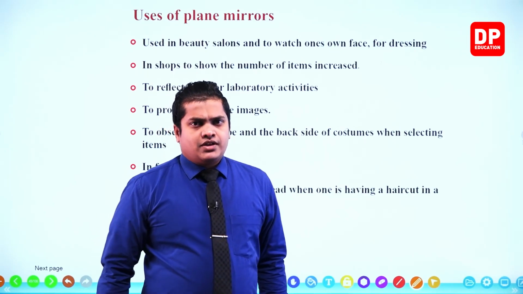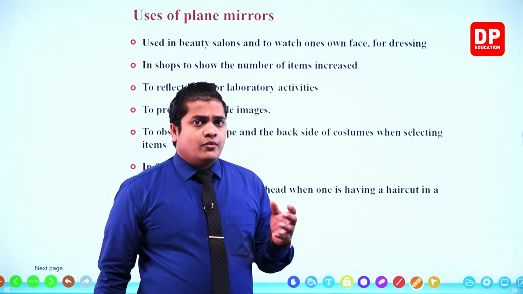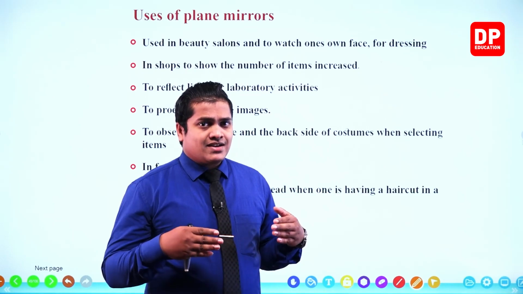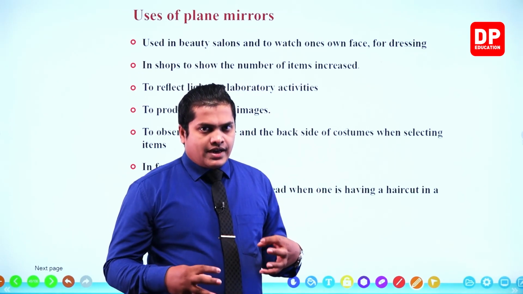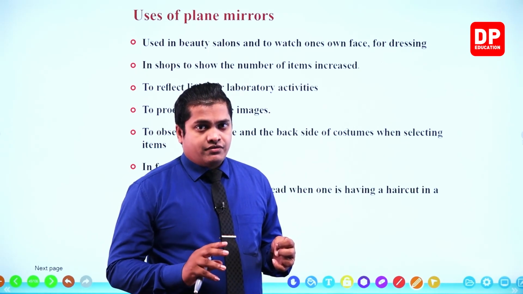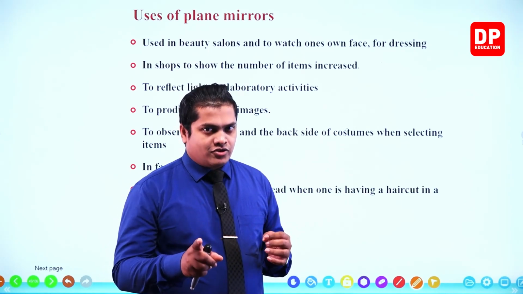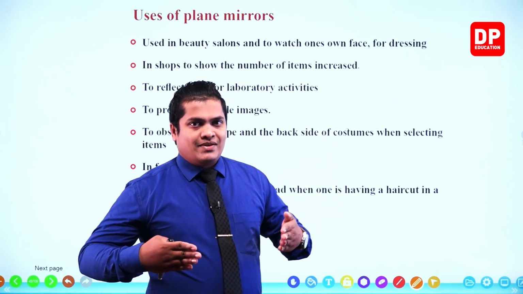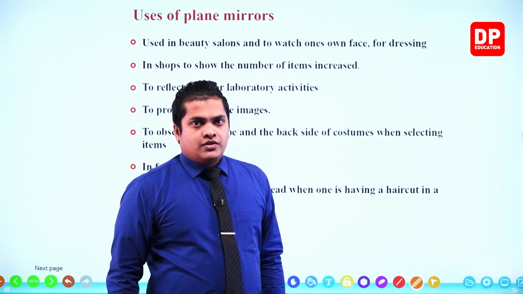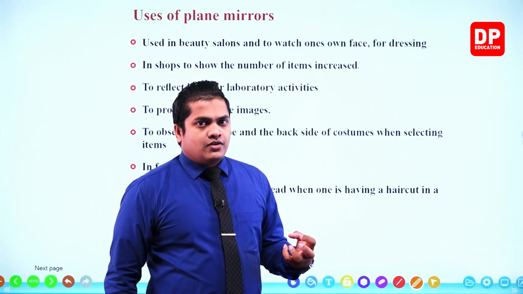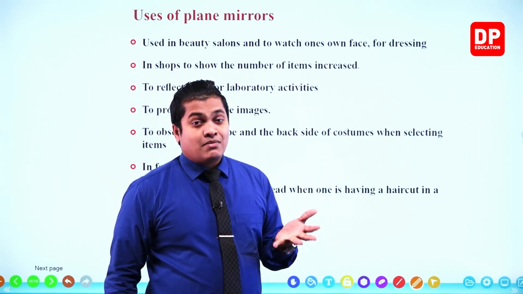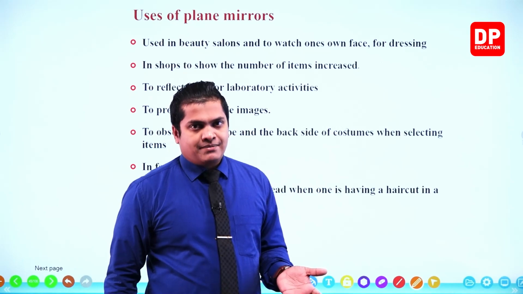I think in grade 7 you studied that when you keep two plane mirrors at a certain angle, we can get several images. When you keep them at a 90-degree angle, we can create 3 images and so on. That is what is referred to as multiple images.